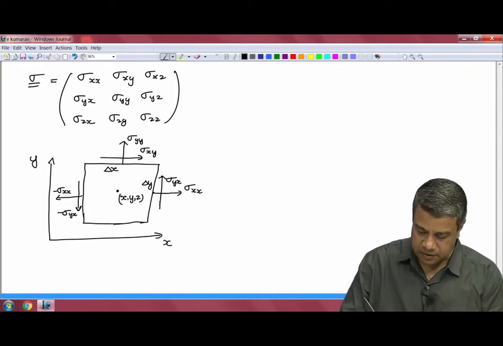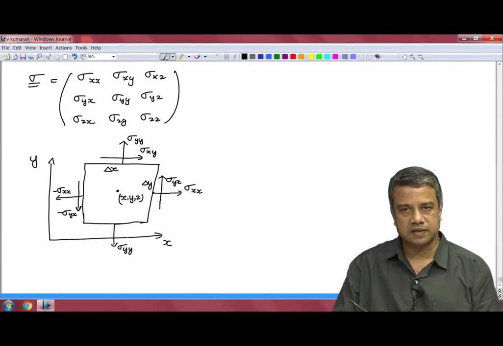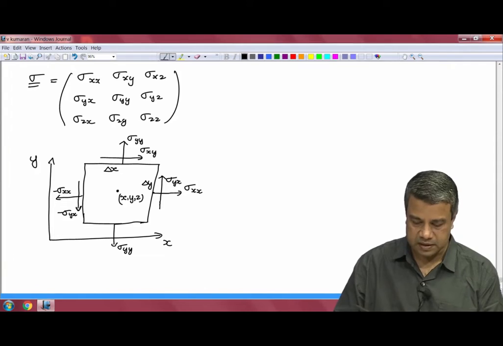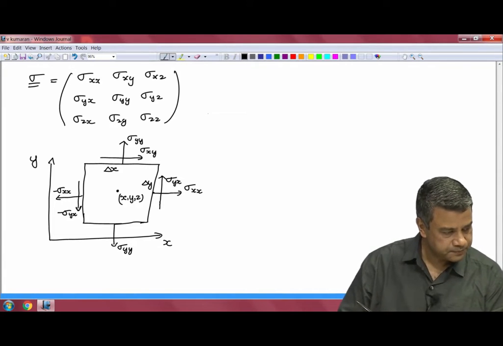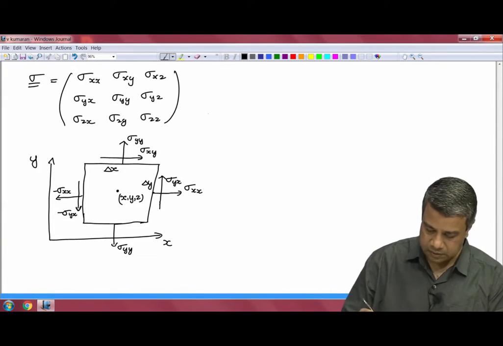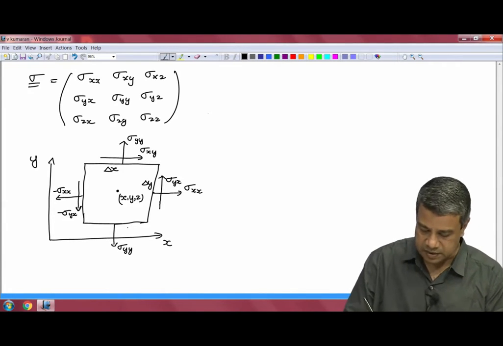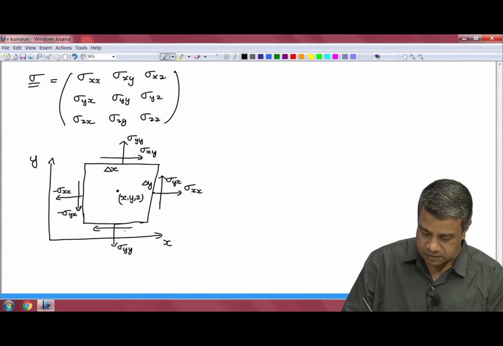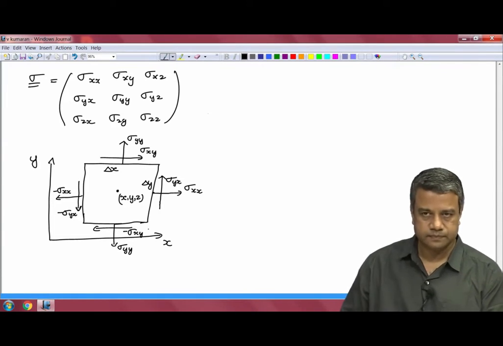Similarly for the bottom face, this is sigma yy. The force at this face is equal to minus sigma yy, because the unit vector is in the minus Ey direction, and this is equal to minus sigma xy.